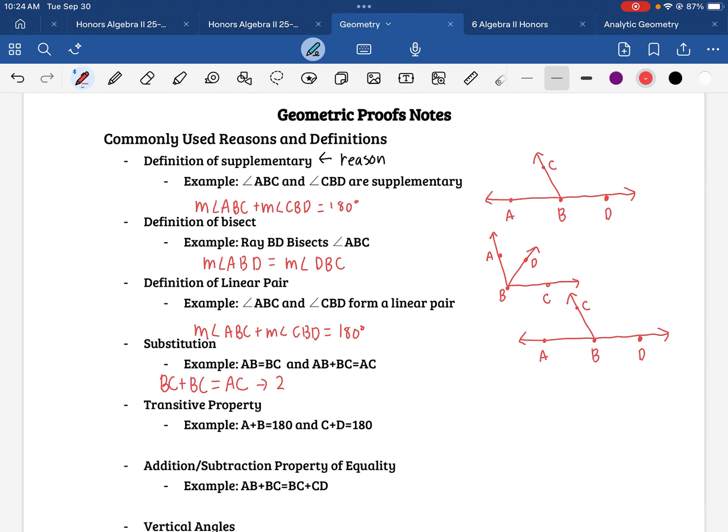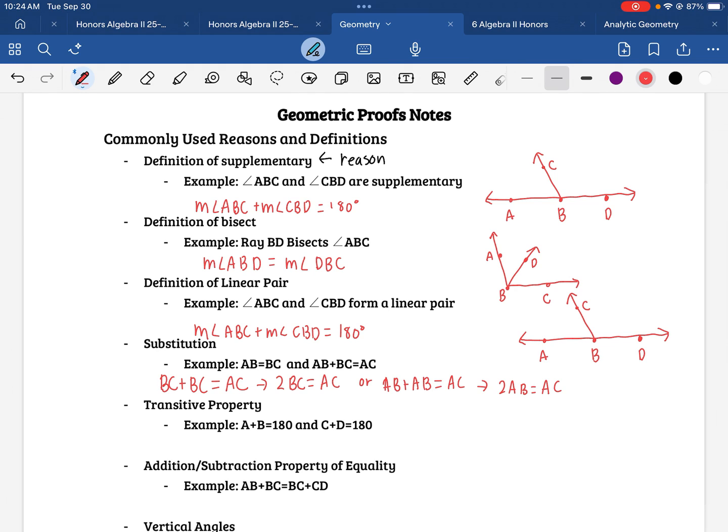That would give us that 2BC equals AC. Or very similarly, plug in AB for BC. So we would have AB plus AB equals AC, which means that 2AB equals AC.